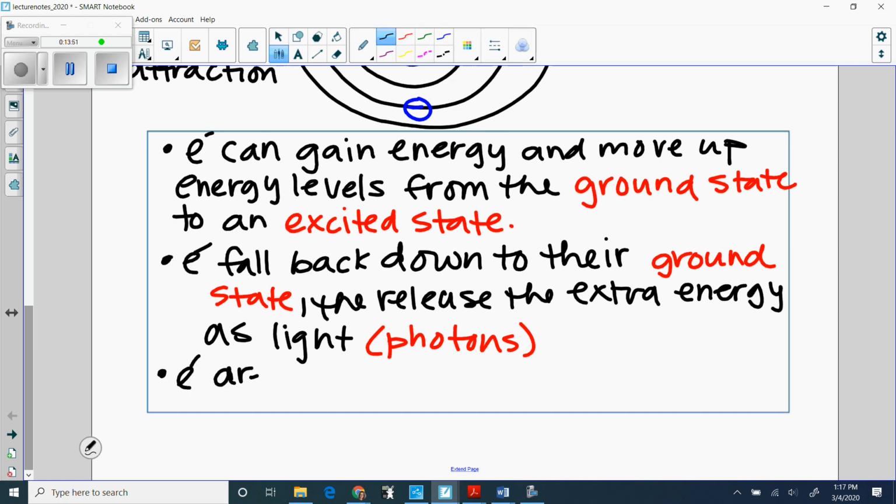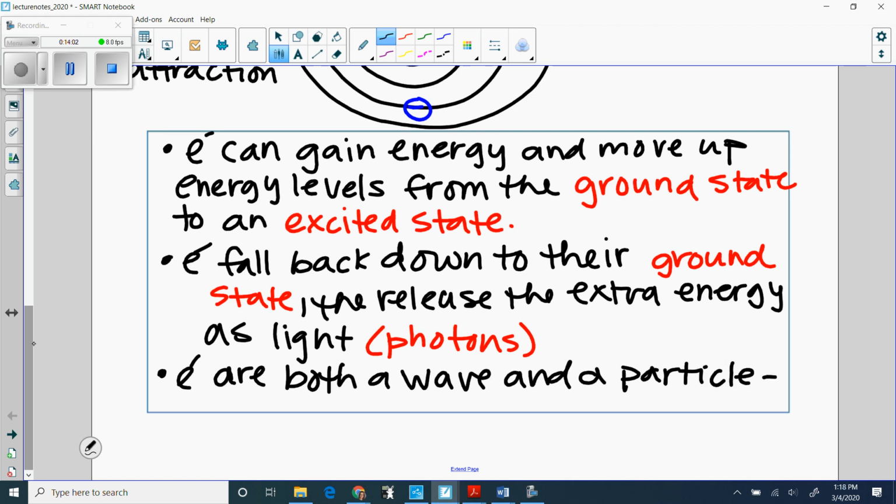Electrons are both a wave and a particle. That is called the dual nature of light.